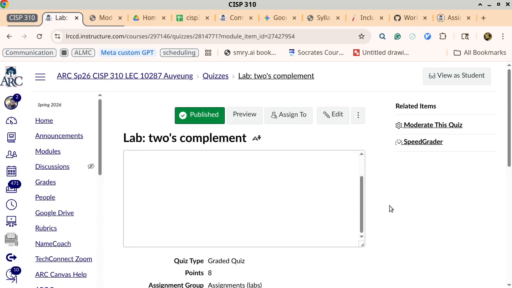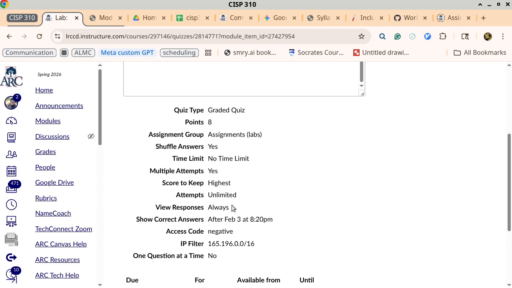You just need to write down the access code. The access code is, surprisingly, negative. And I think there are only 8 questions in this one, so it shouldn't take long.